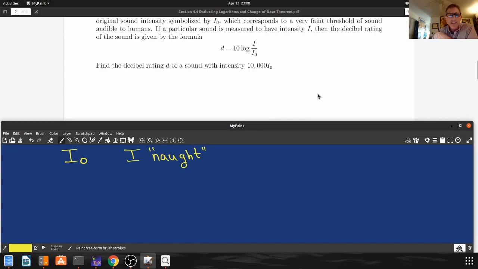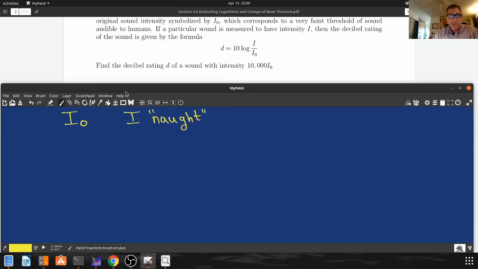So we're going to find the decibel rating of a sound with intensity 10,000 I naught. It sounds like this would be a difficult problem, but we don't even need a calculator. Really we're just exploring uses of logarithm properties. So this is example 4.